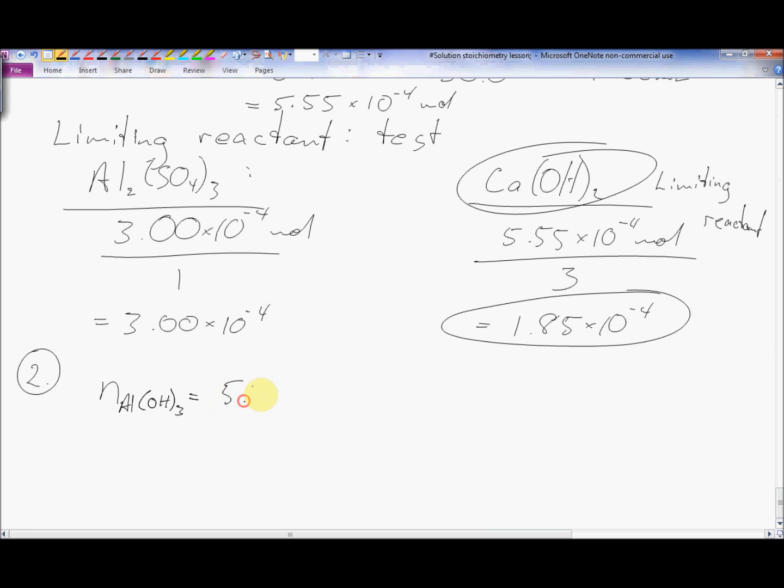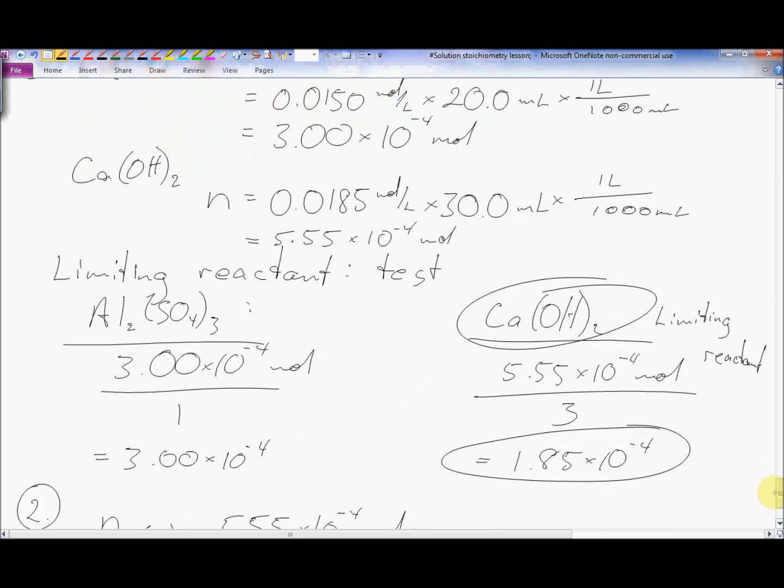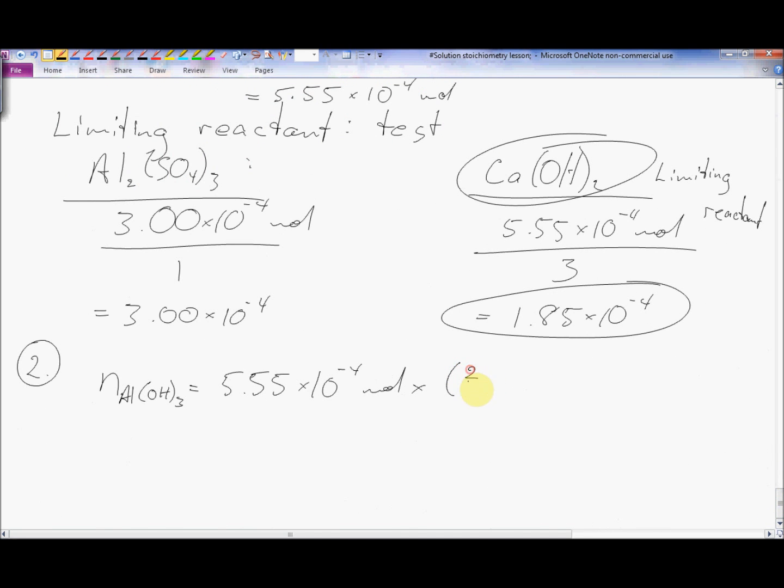So it's 5.55 times 10 to the negative 4, and multiply that by the molar ratio of aluminum hydroxide to calcium hydroxide. So it's going to be 2 over 3. And that's going to give us 3.7 times 10 to the negative 4 moles aluminum hydroxide.